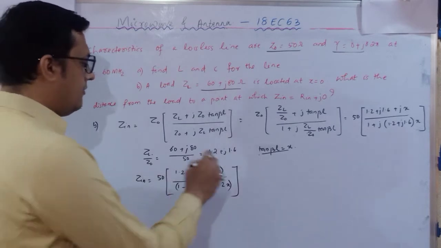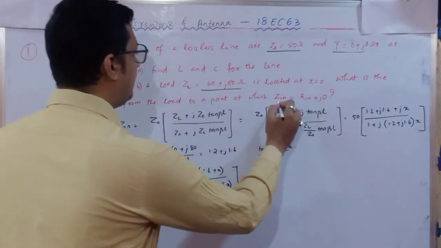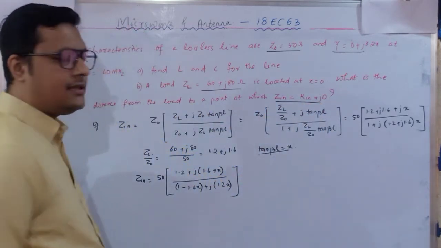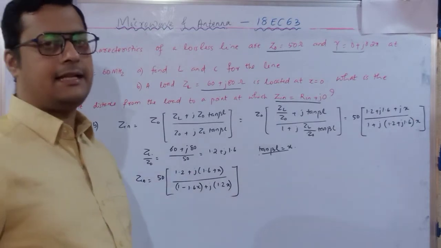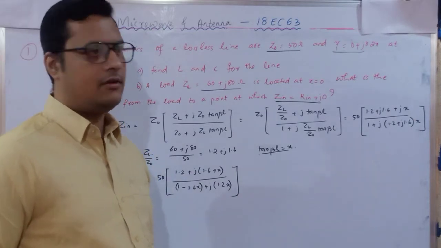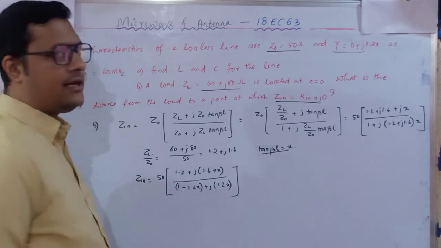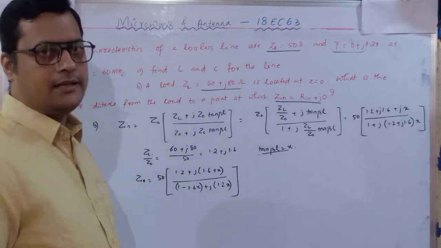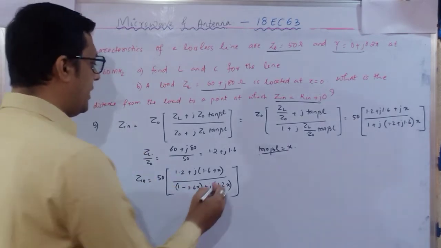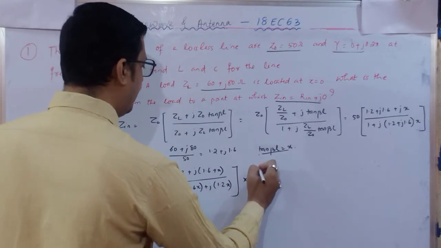Now as the hint is given, the input impedance has a real part existing but the imaginary part is 0. That means you have to solve this as real part and imaginary part. How can we solve? With the help of componendo and dividendo method.